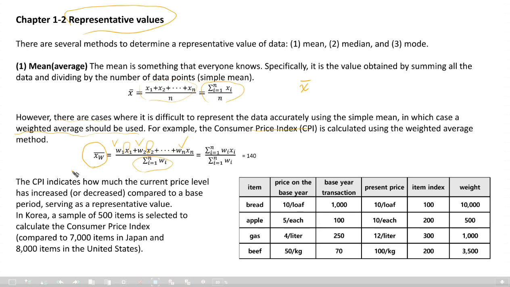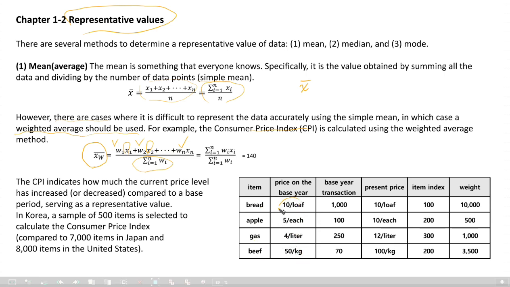For example, CPI, Consumer Price Index. We can see a simple example. Okay, there are only 4 items: bread, apple, gas, beef. And the prices on the base year: bread 10 per loaf, apple 5 each, gas 4 per liter, beef 50 per kilogram.